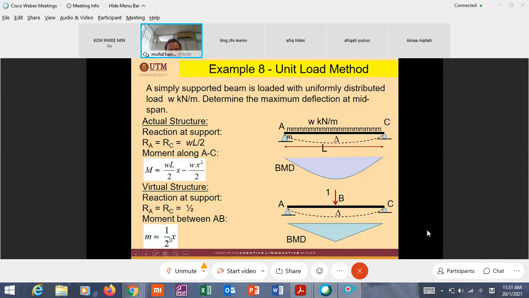Okay, so again using this virtual work principle, delta C equals the summation between L and 0.